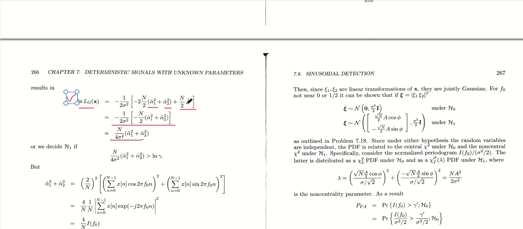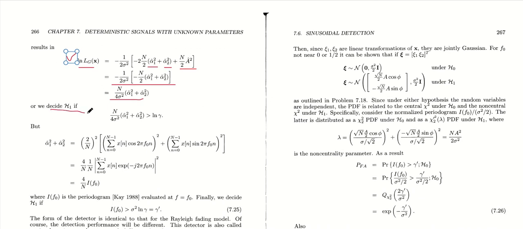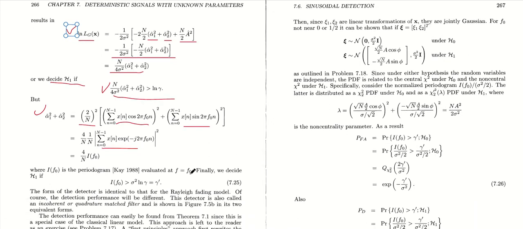It doesn't matter that much. So you put it either on the right-hand side or it just disappears. So we decide H1 if that is like that. But this thing, we decompose it, we find it to be x cosine and x sine, and it becomes like this.